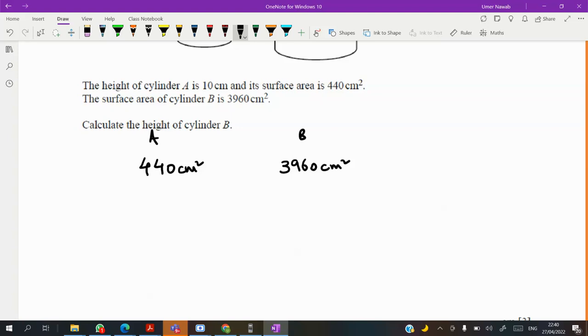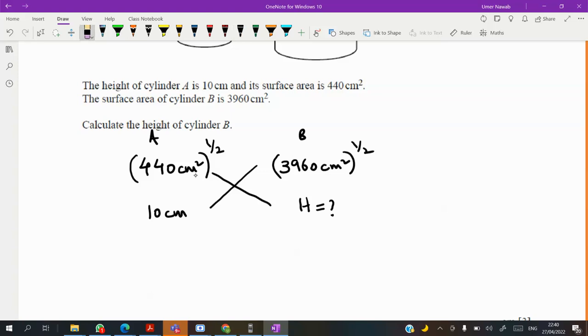Now, under A, you will write its height, which is 10 centimeters, and we want this height. So since I want to find the height, I need to write here 1 over 2 and then do the cross multiplication. If you don't want to write units, don't write them. We know our answer will come in centimeters.